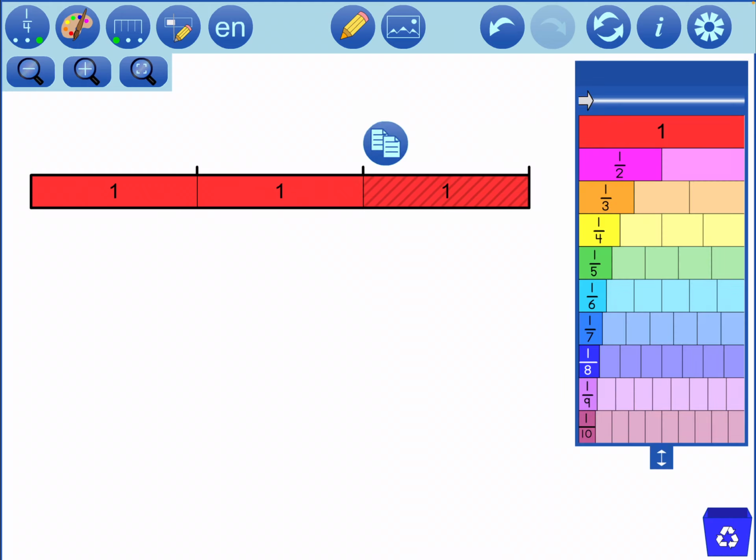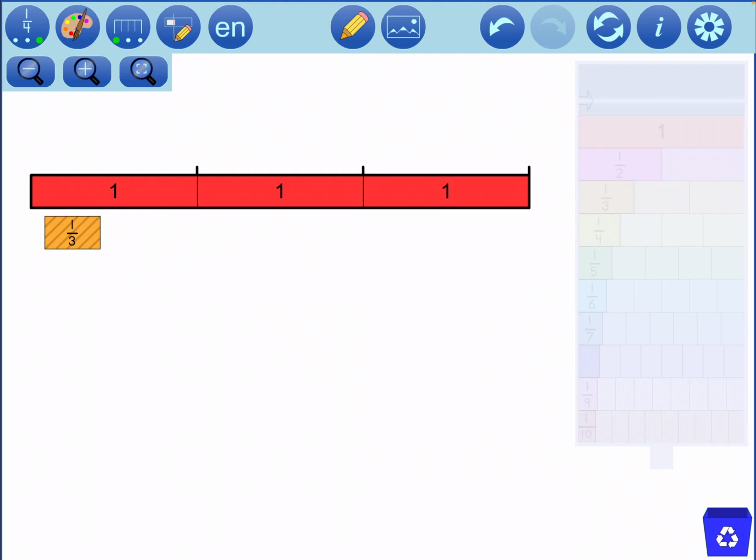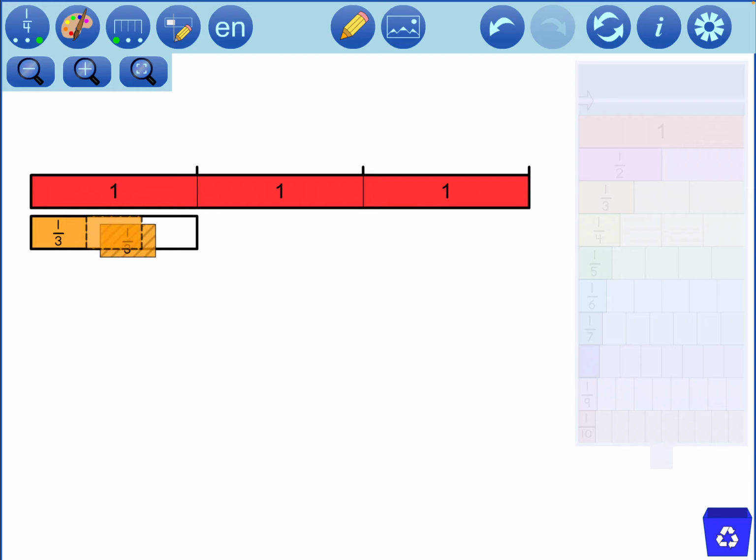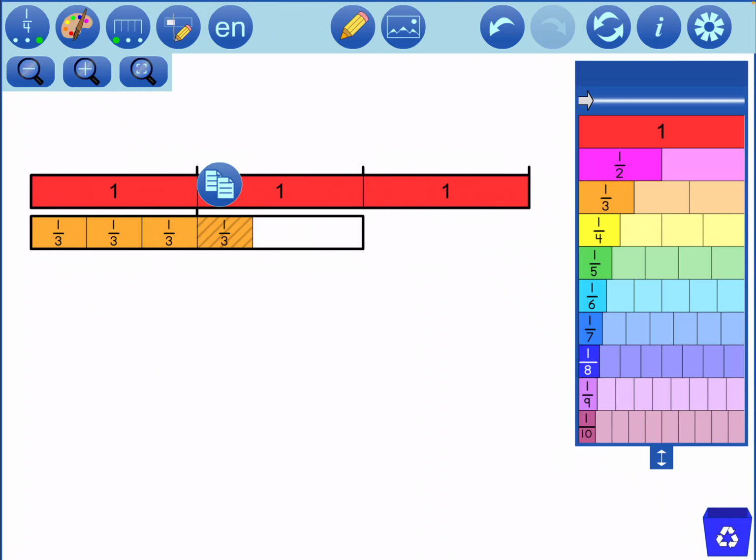So there's our number 3. And then the goal is we're trying to see how many 1/3 chunks we can fit alongside of these number 3s. And this is essentially what we're going to do with the area model.